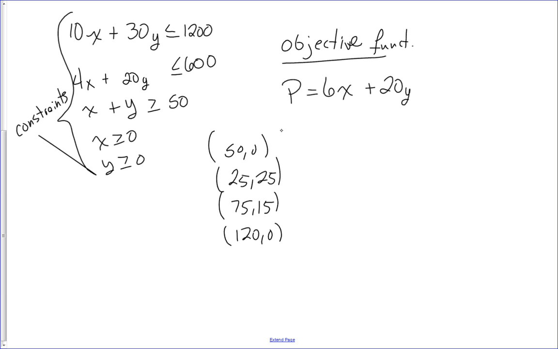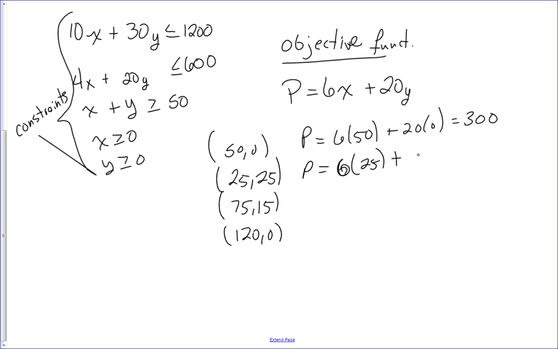Now we want to plug these values into here. So P equals 6 times 50 plus 20 times 0. That equals 300. P equals 6 times 25 plus 20 times 25, and if you do this out, you get 650. Trying to save time, I know this video is going long.